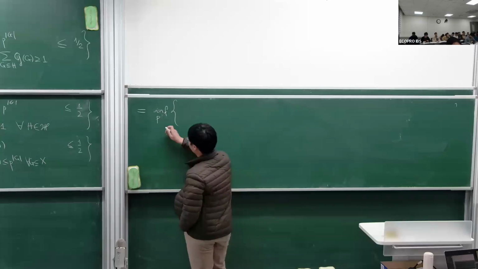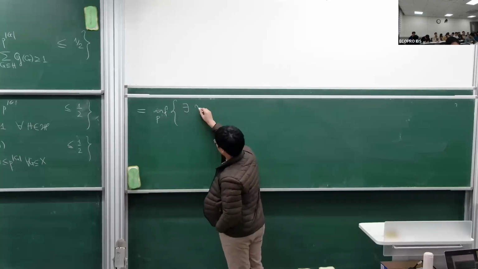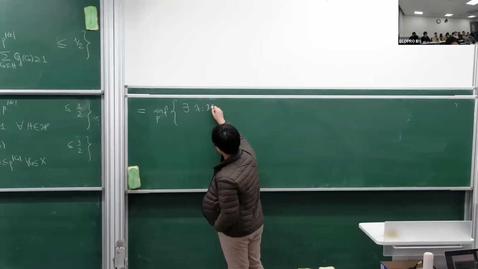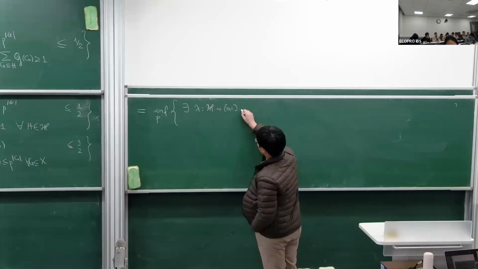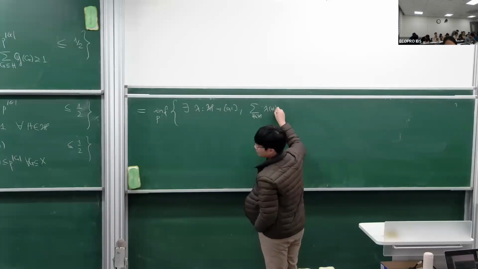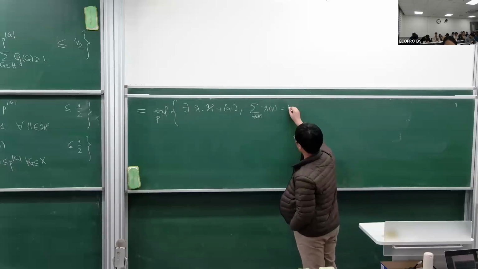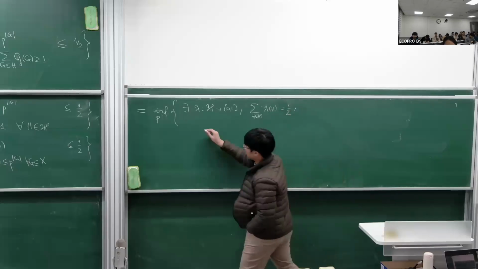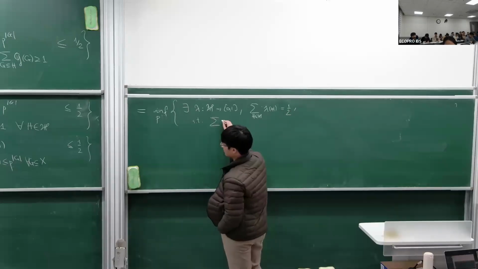So it is the infimum P for which there exists lambda from the family H, say in [0,1], such that the sum over H of lambda of H is equal to 1/2, and the constraints over there are satisfied.